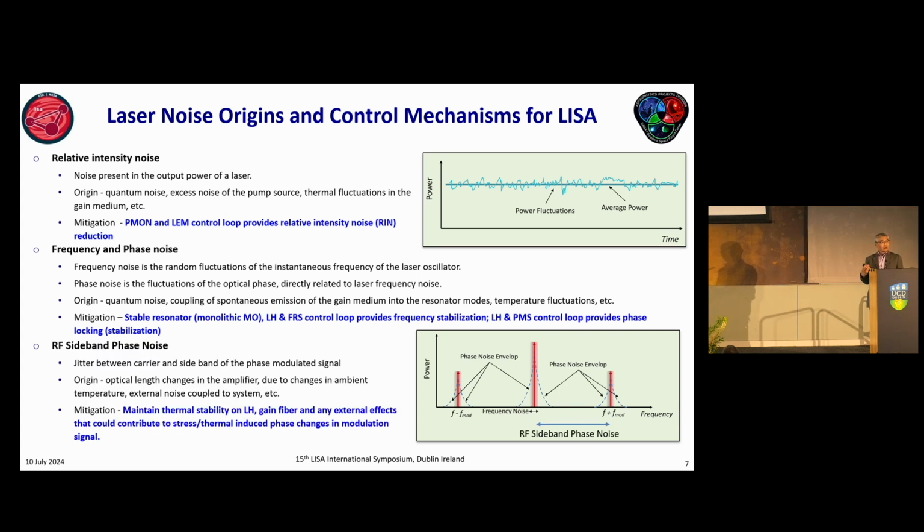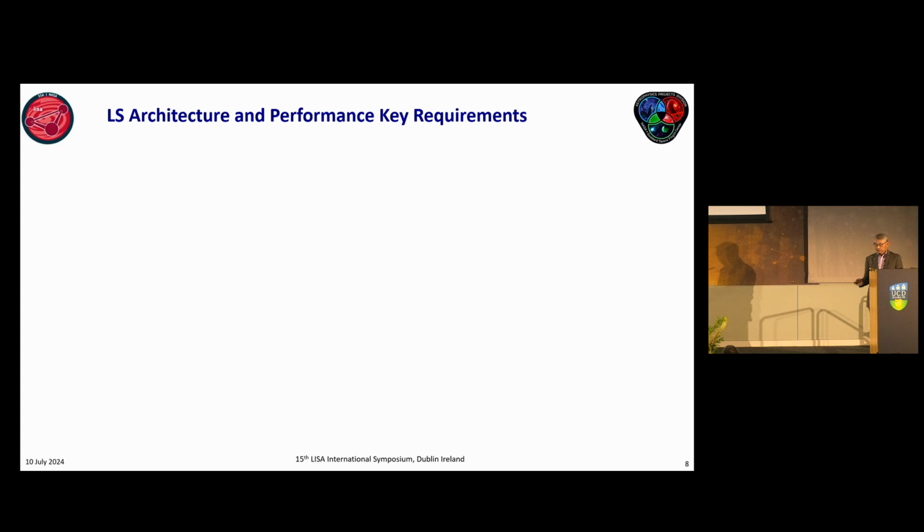One of the more unique requirements for us is the RF differential phase noise, which is essentially the noise between the carrier and the sideband. That is inherent to our design and is passive, and we have to mitigate it by working on the environment that the fiber will pass through within the spacecraft to minimize that noise.